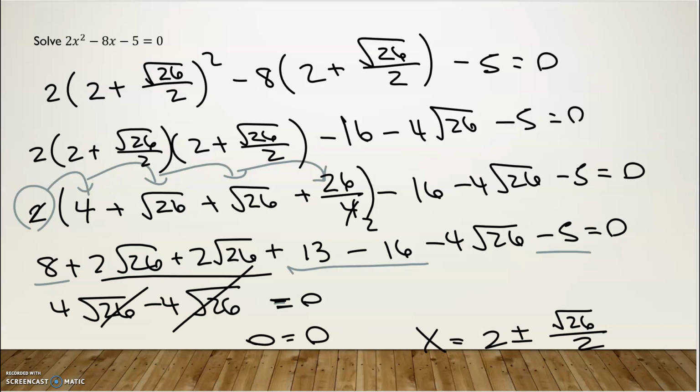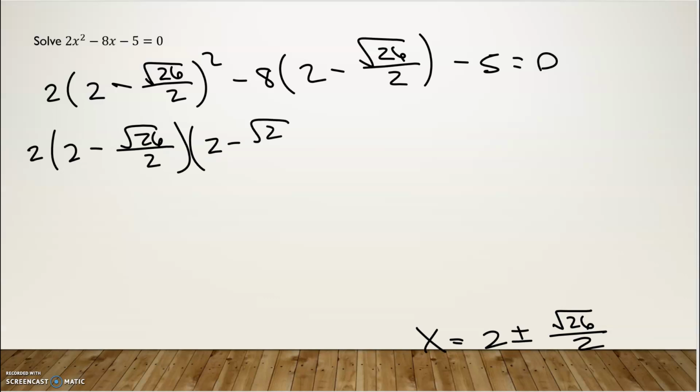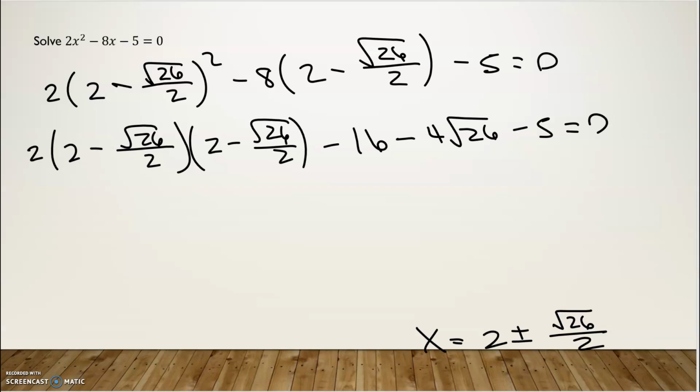Now let's go back, and now we'll use the negative, 2 minus square root of 26 over 2. So I'm going to change this to a minus sign, and we'll do the same thing. 2 times (2 minus the square root of 26 over 2) times (2 minus the square root of 26 over 2) minus 16, minus, half of 8 is 4, so that'll be 4 square root of 26 minus 5 equals 0.